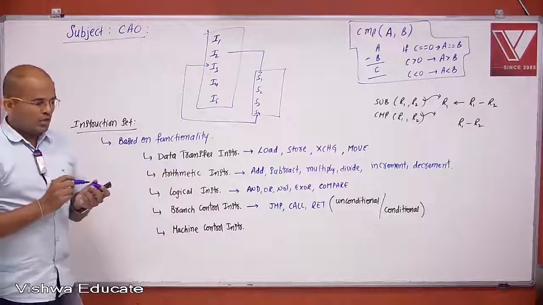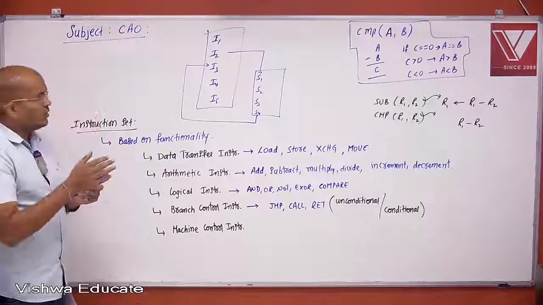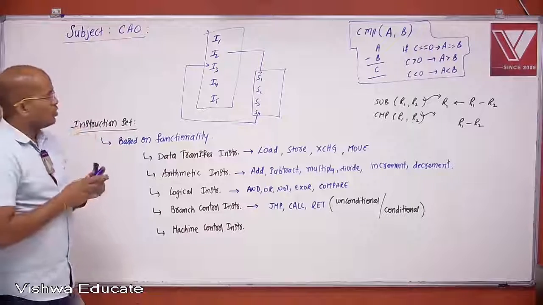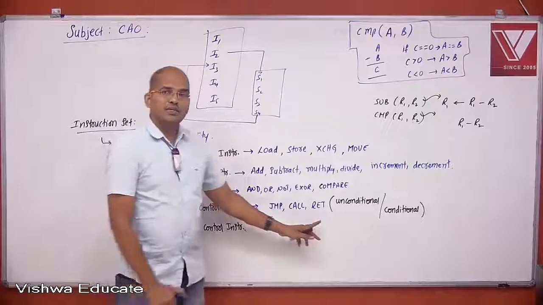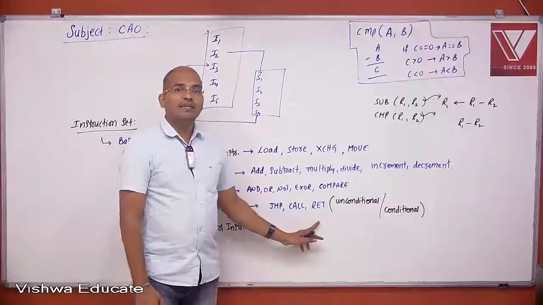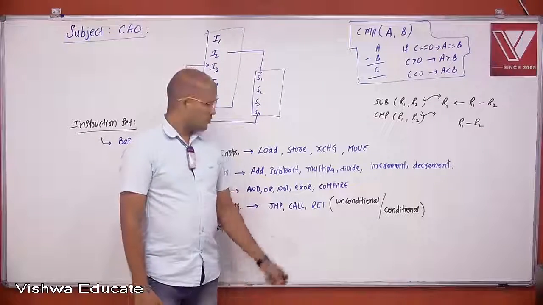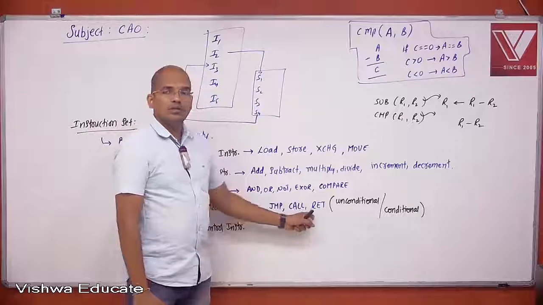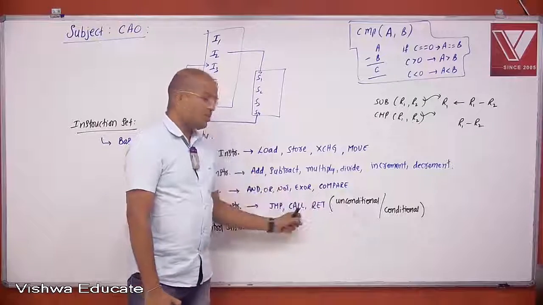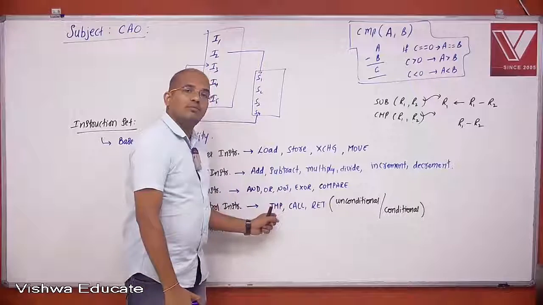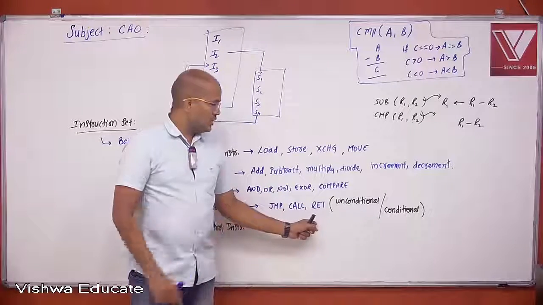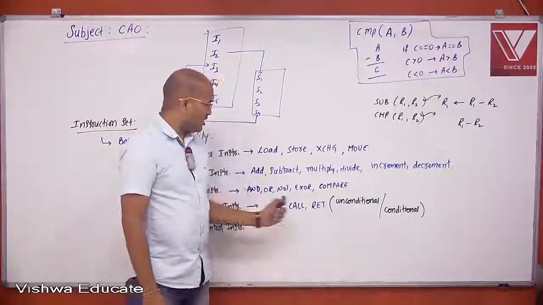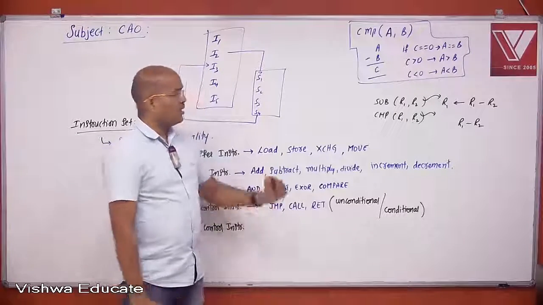So you are going from I2 to S1, and from S4 back to I3. To go from S4 to I3, we write a return statement. So call, return, and unconditional jump: three categories. Similarly, we have conditional jump, conditional call, conditional return.